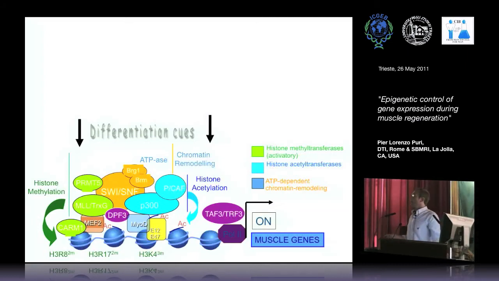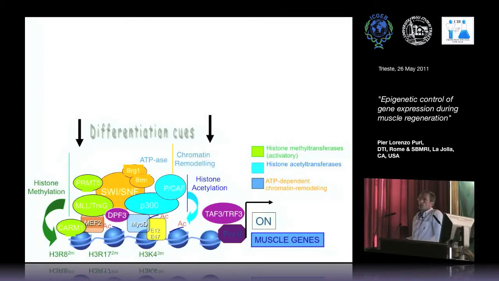As you can see, upon the activation of several signaling pathways, all the repressors are replaced by a number of activators, which, consistent with the idea that there is a transcriptional epigenetic switch, deposit a number of completely different epigenetic marks that are coincident with the activation.